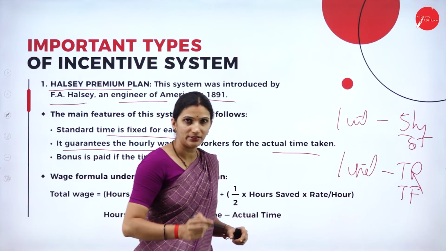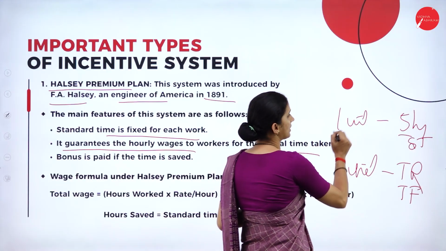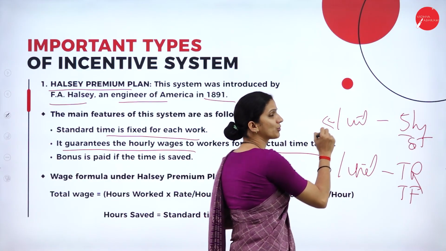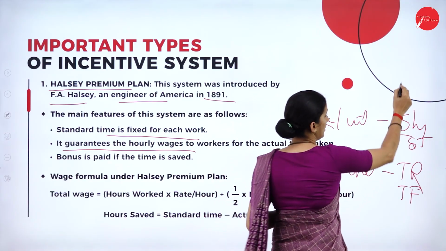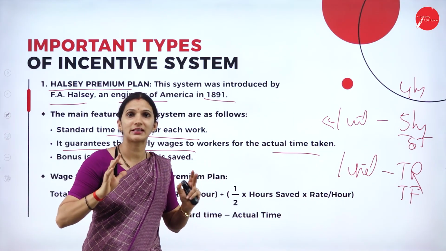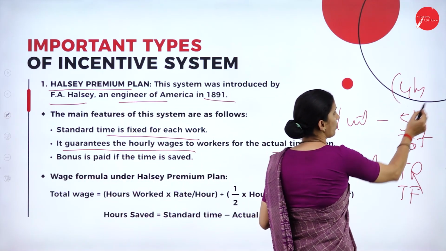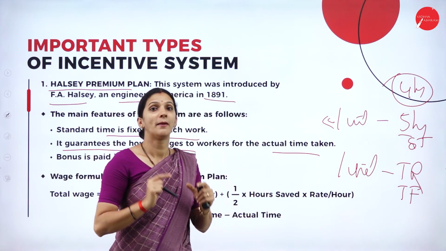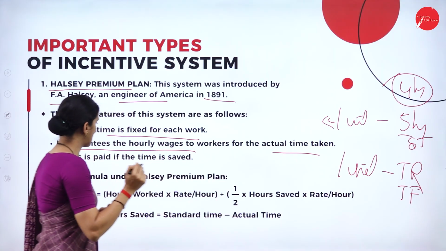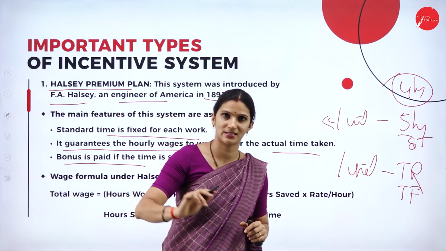Then if a particular worker completes that work, that is production of 1 unit, in 4 hours, he will get the guaranteed time wage for these 4 hours of work. Plus, the bonus is paid if time is saved.